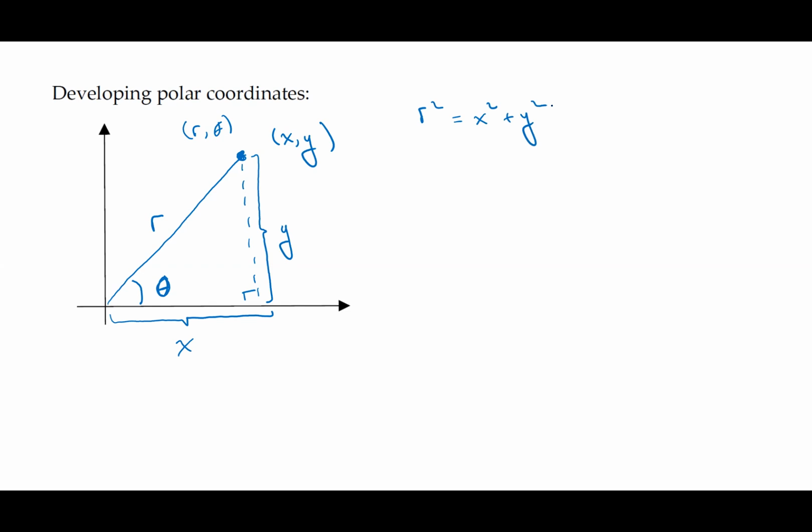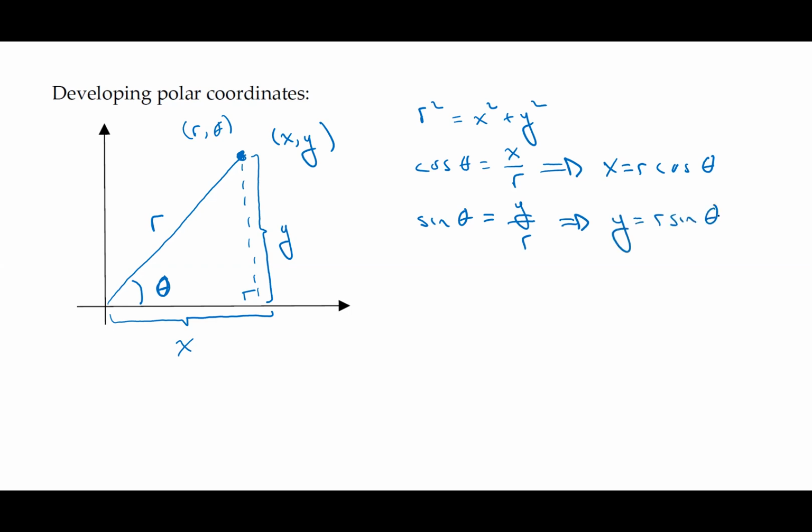And I know that cosine theta is adjacent over hypotenuse, so x is r cosine theta. I know that sine theta is opposite over hypotenuse, so y is r sine theta.